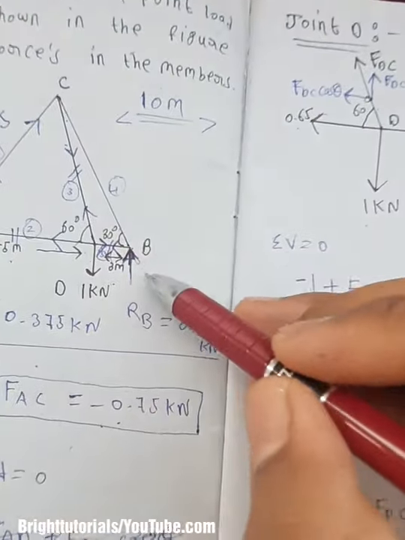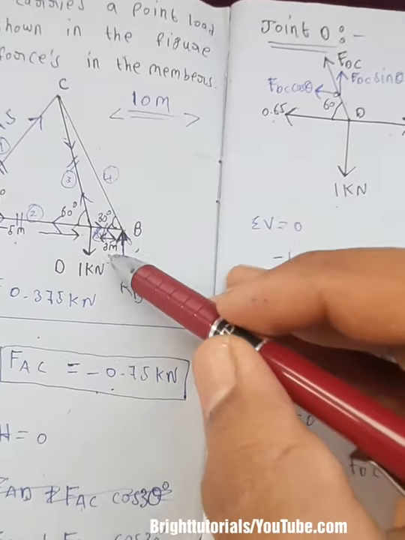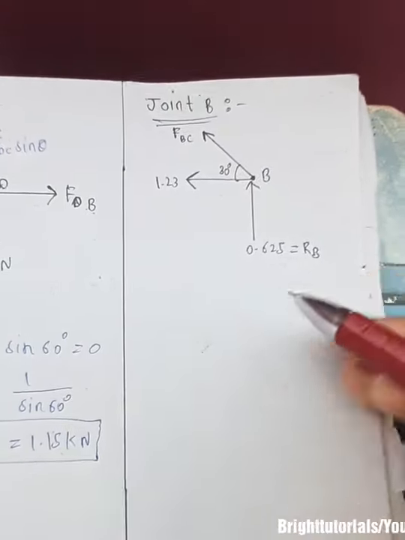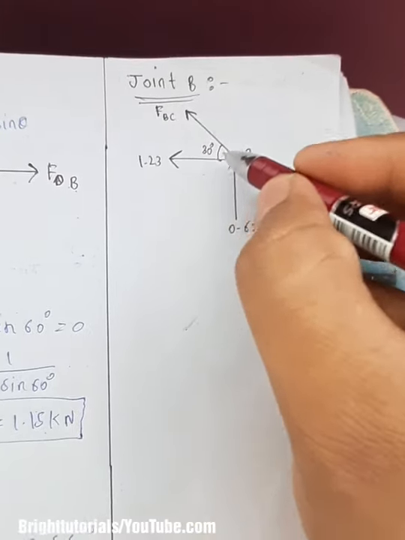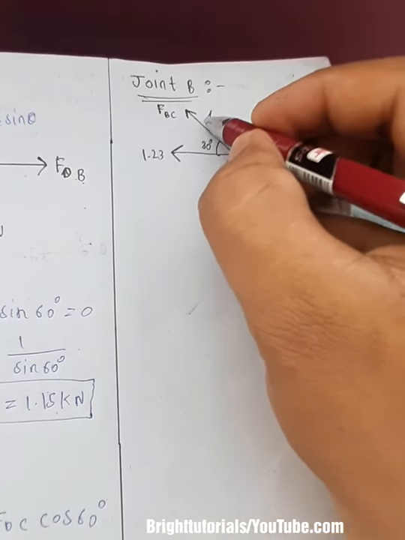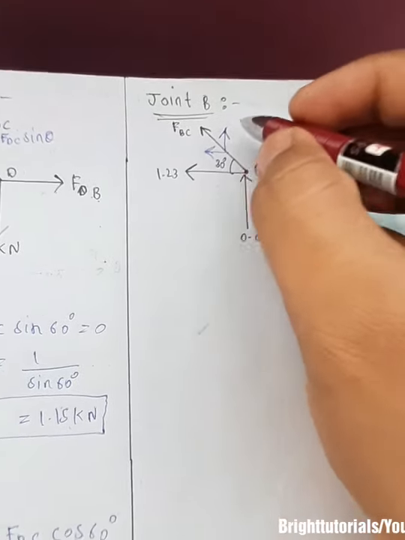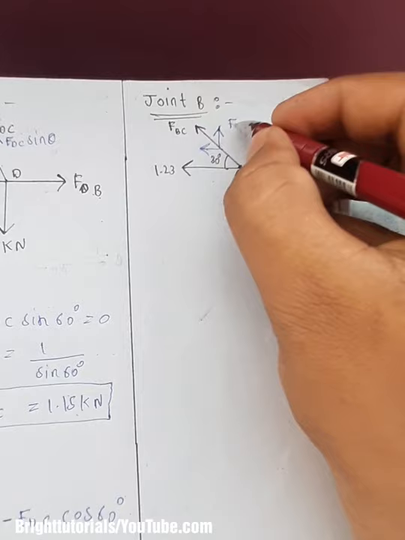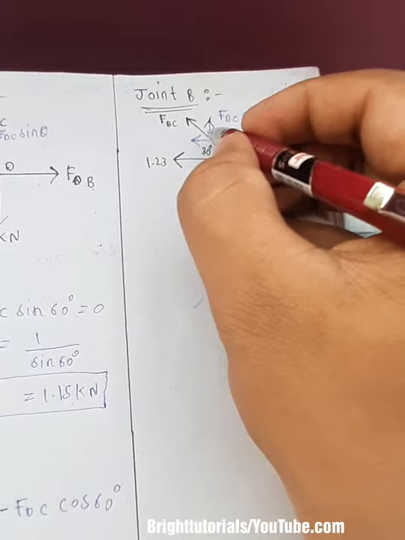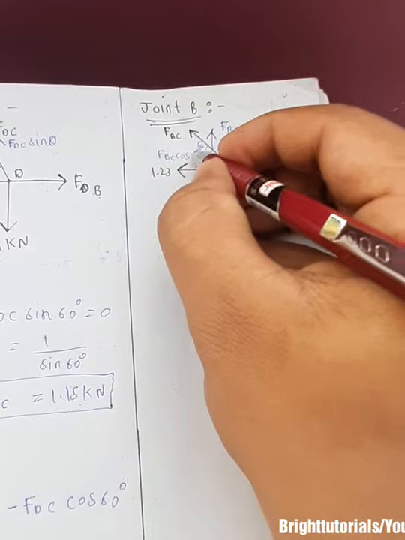So FBC from B to C. Now the angle between these two members is 30 degrees. This is also an inclined force, so we have to resolve it into two components. It is going to the third coordinate, so this is the vertical component, means FBC sine theta. Theta here is 30 degrees. And this is the horizontal component, FBC cos theta.